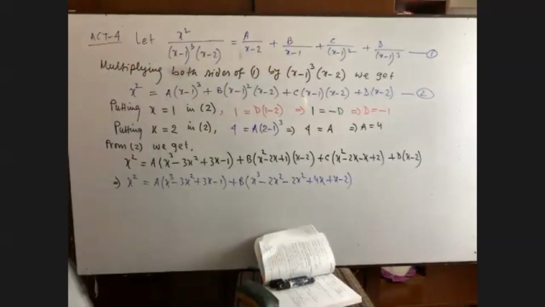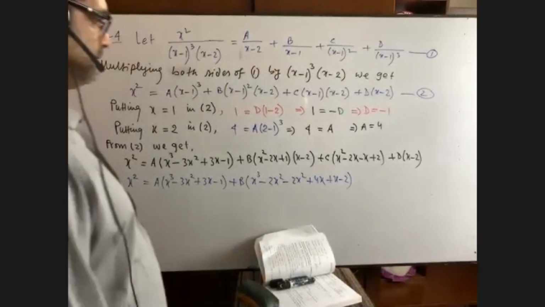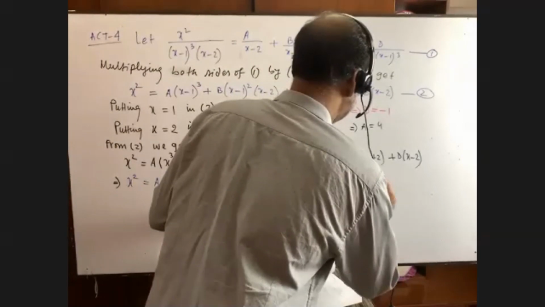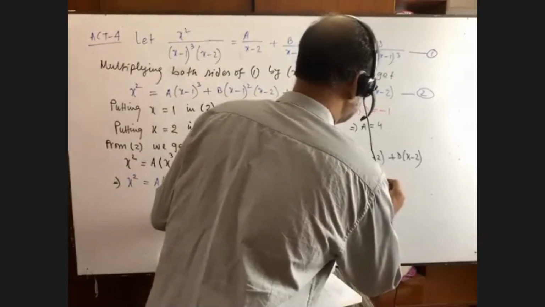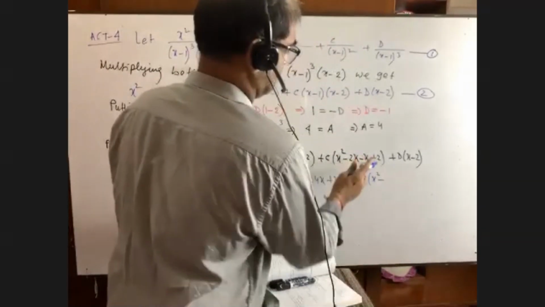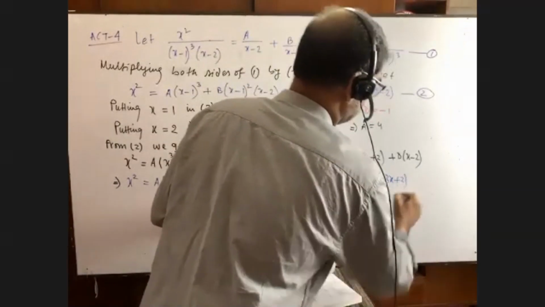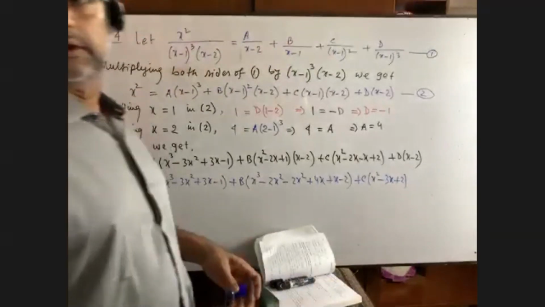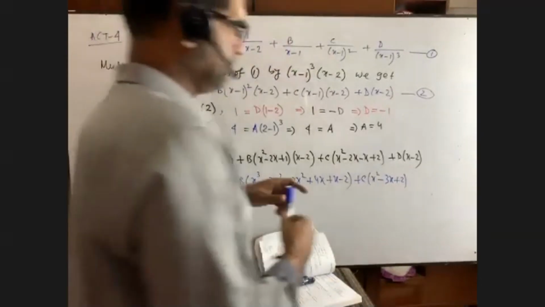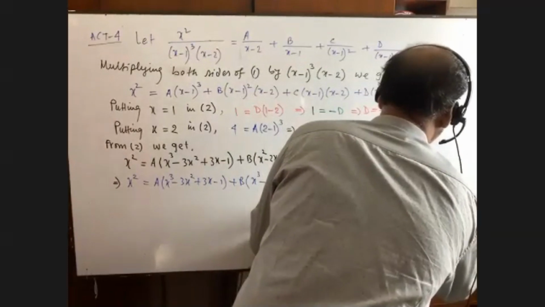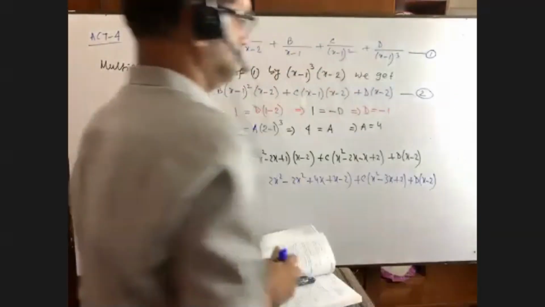Is it? Yes, it is. Then we are getting here C into x square minus 2x minus x plus 2. Okay. Then we are getting here D into x minus 2.